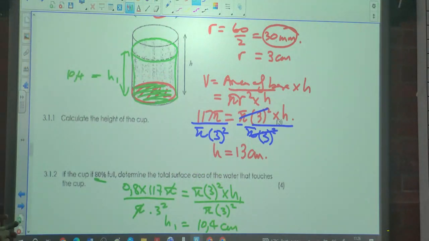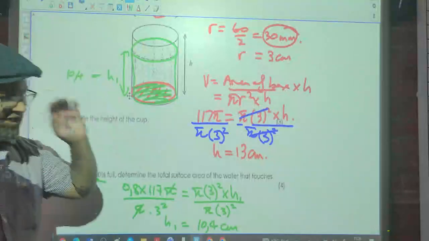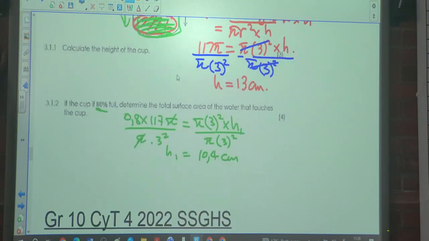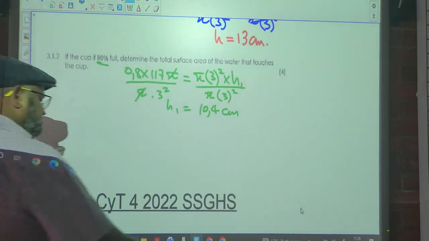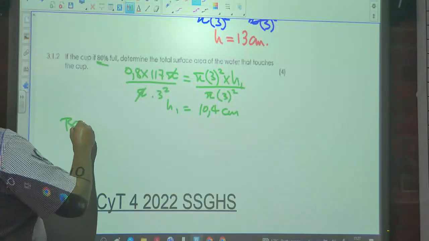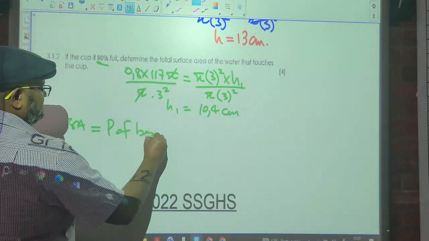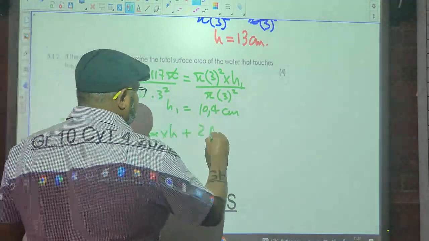Now, how do you calculate this here, the total surface area? How do you calculate the total surface area of a cylinder? Perimeter of base times height plus twice area of base.